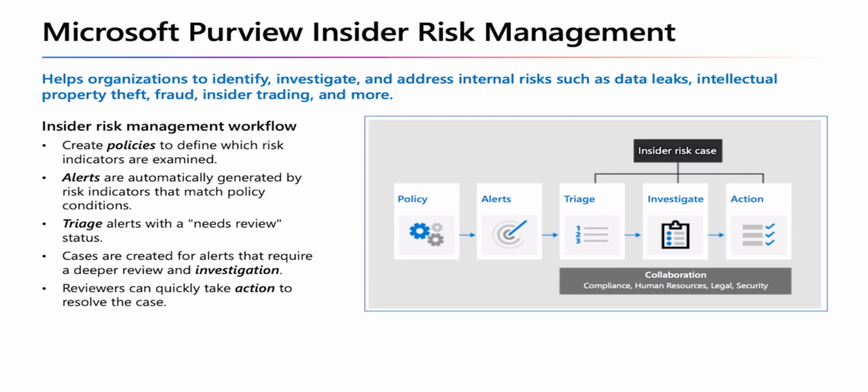So, inside Microsoft Purview, using insider risk management, you can detect, investigate, and take action to mitigate internal risk in your organization for different scenarios, including data theft by employees, the intentional or unintentional leak of confidential information, offensive behavior, and more.